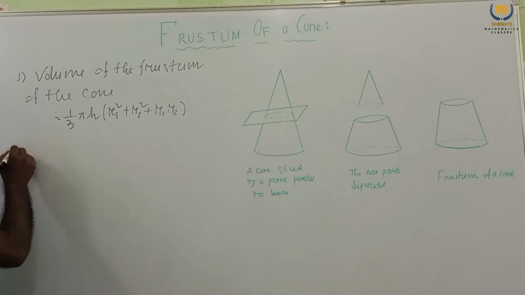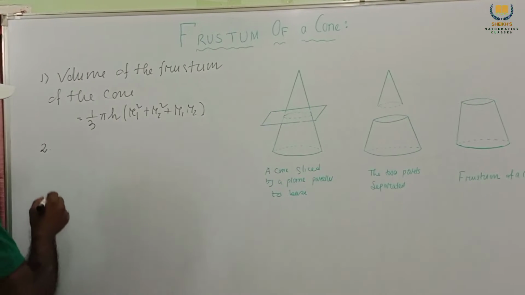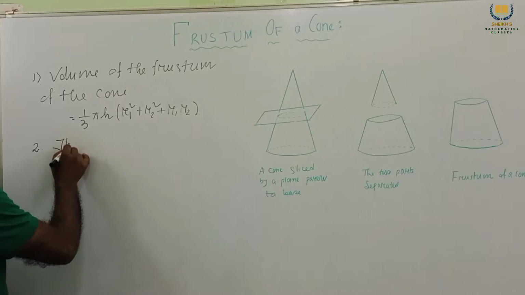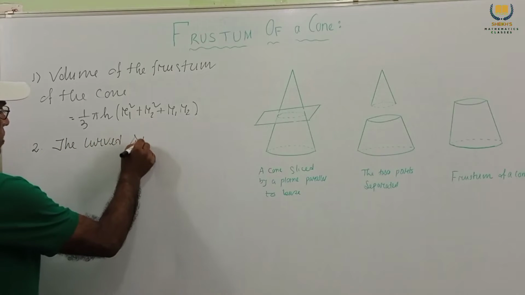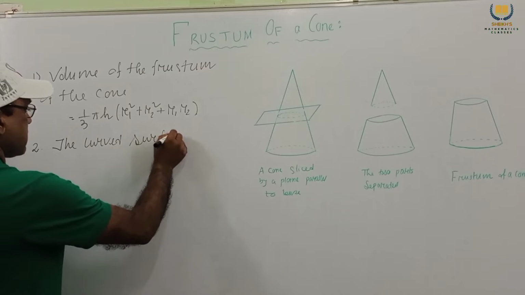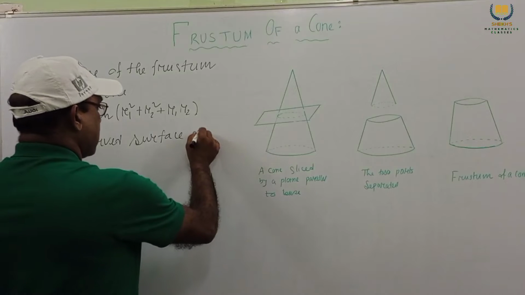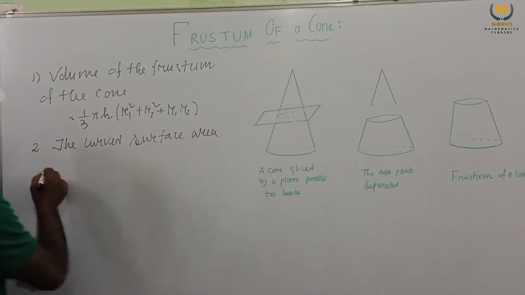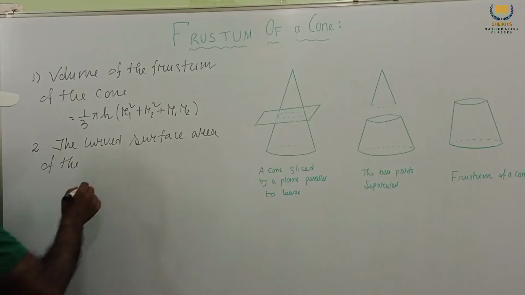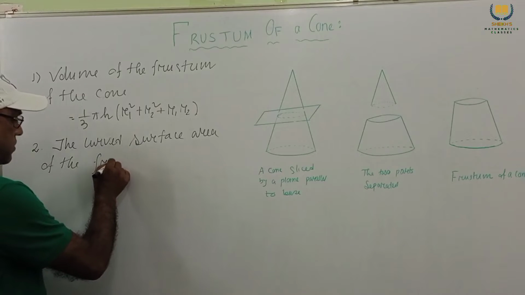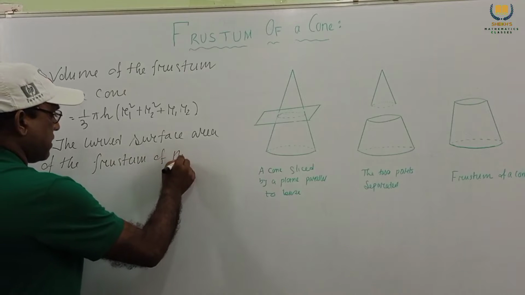Now number 2, the curved surface area of the frustum of the cone.